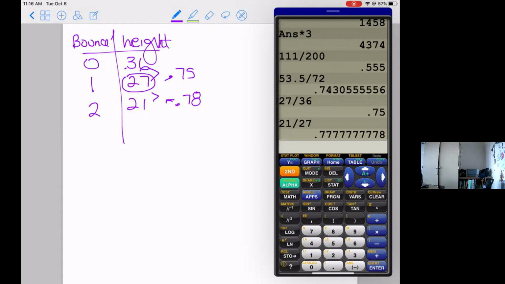So if we take these two and add them together and divide by 2, that's going to give us our average, right? That would be about 76.5. Could I multiply this by 0.76 and get about the next height?